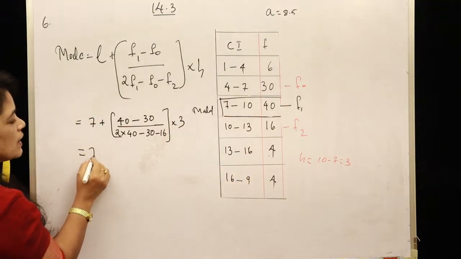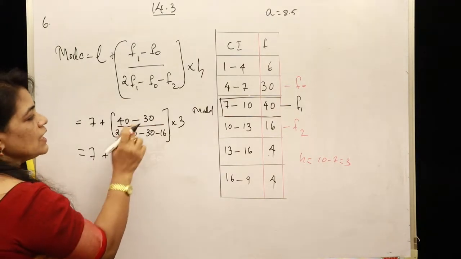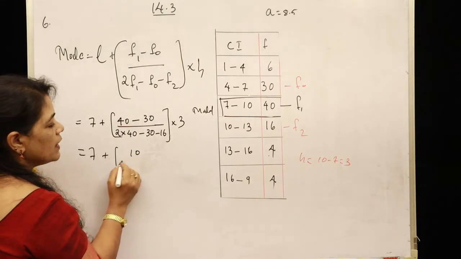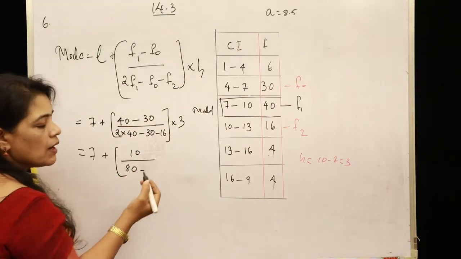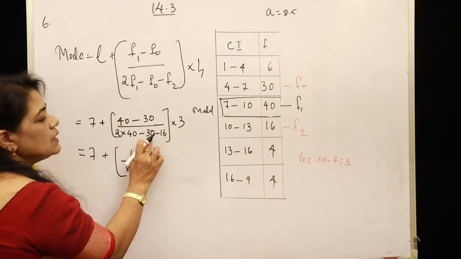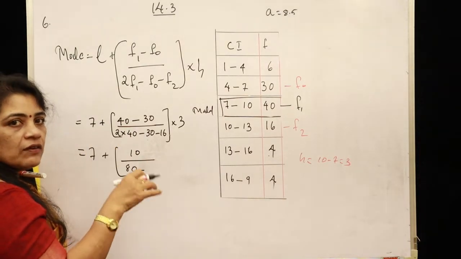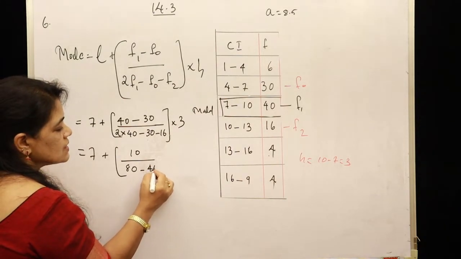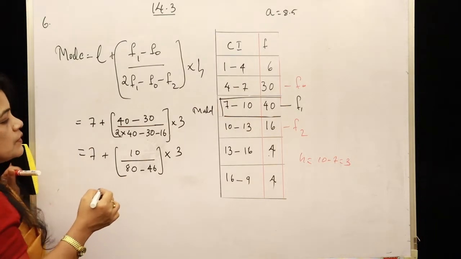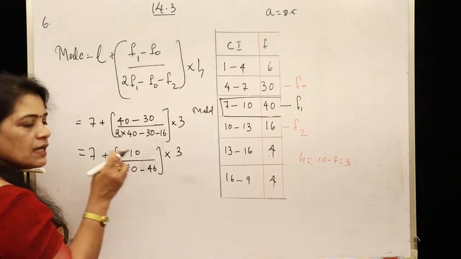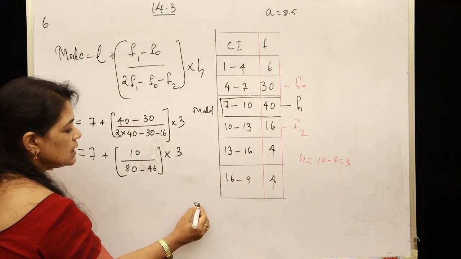I am keeping 7 without any change, and I am solving the bracket first. 40 minus 30, 10, divided by 2 into 40 in the denominator, 80 minus 30 minus 16, that is minus 46. 80 minus 46 will be 34.